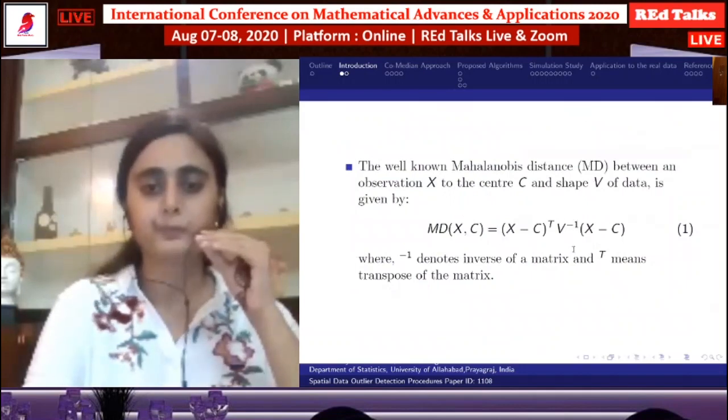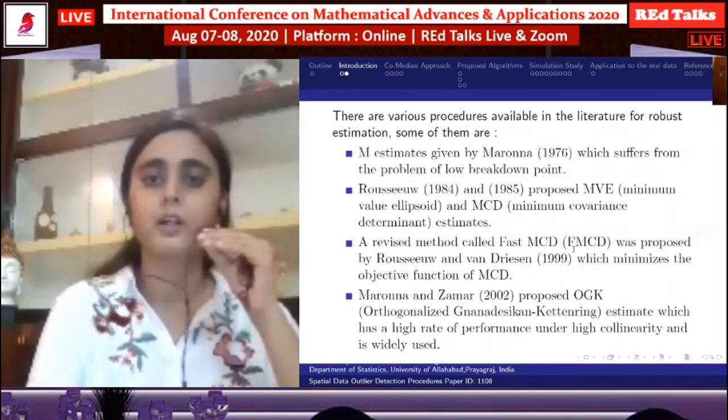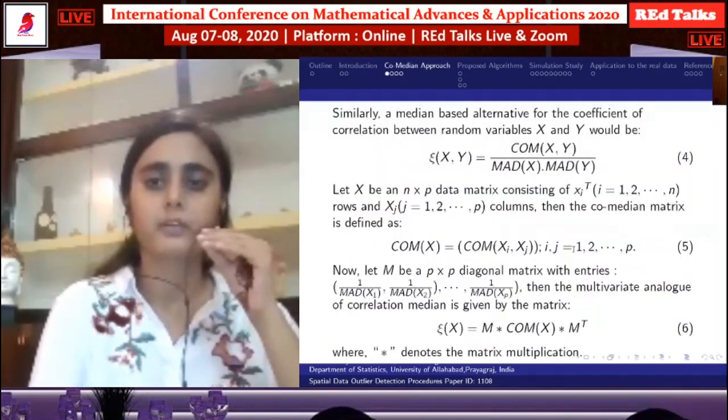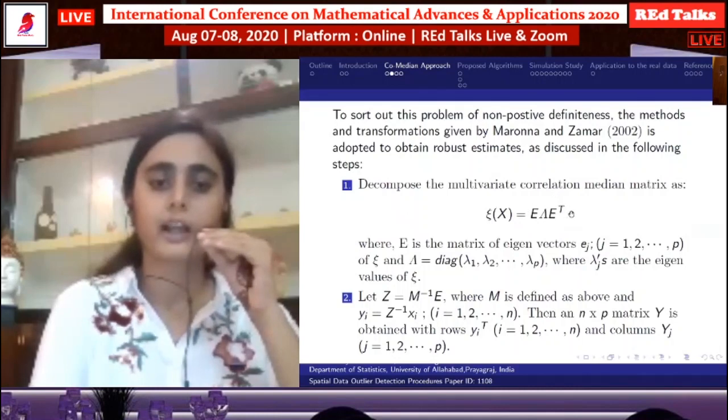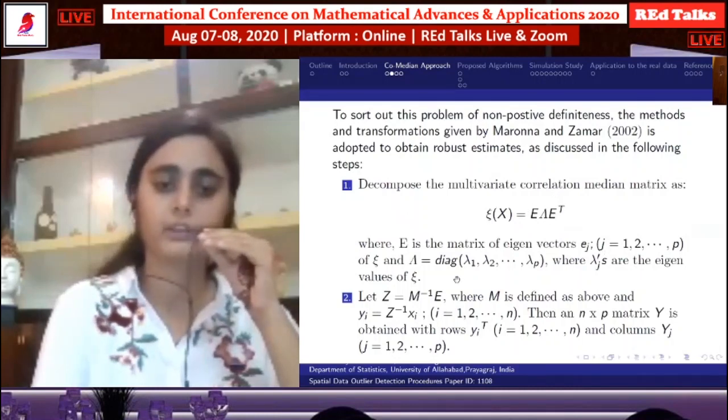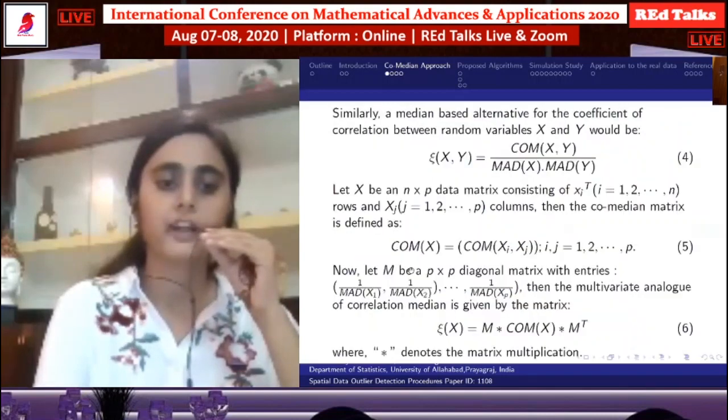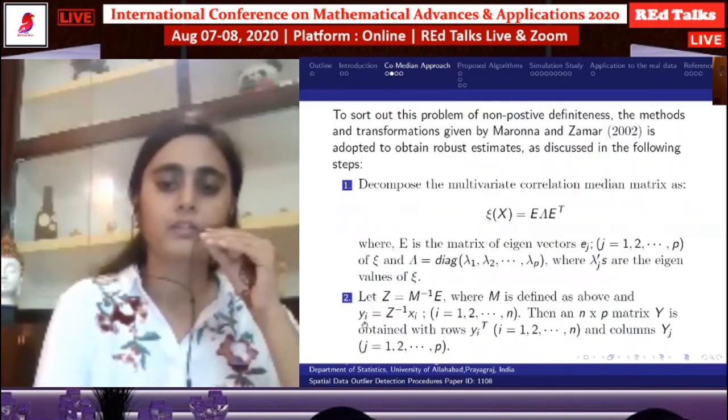So, in order to solve this problem, the transformations given by Maronna and Zamar are considered, where the multivariate correlation median matrix is decomposed into E lambda E transpose, where E is the matrix of eigenvectors and lambda is the diagonal matrix of the eigenvalues. Thus, these transformations are considered, where M is this and y_i is defined to be this. Then a new matrix Y of order n cross p is defined with these rows and these columns.